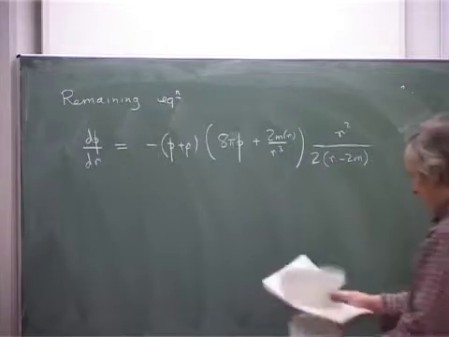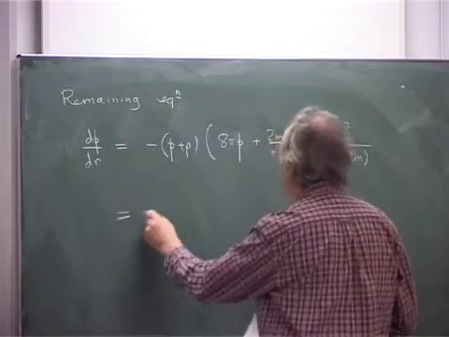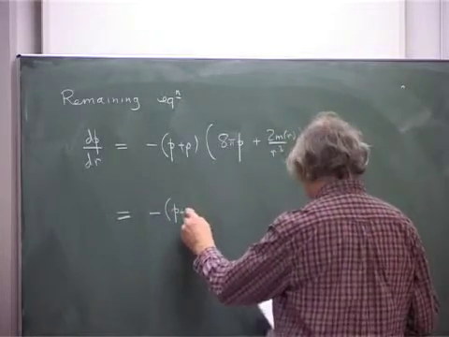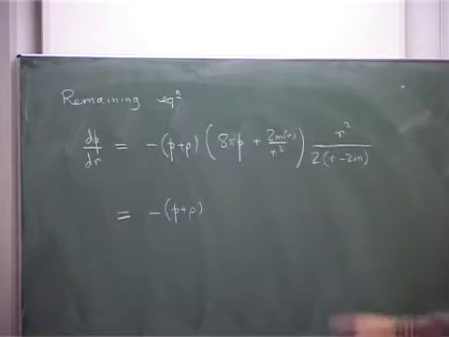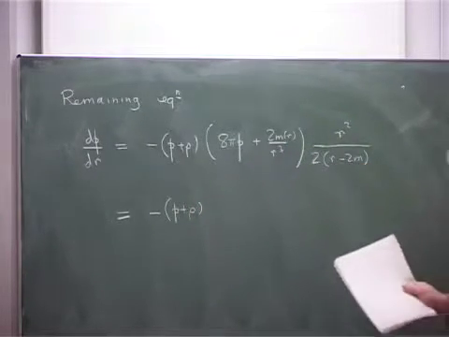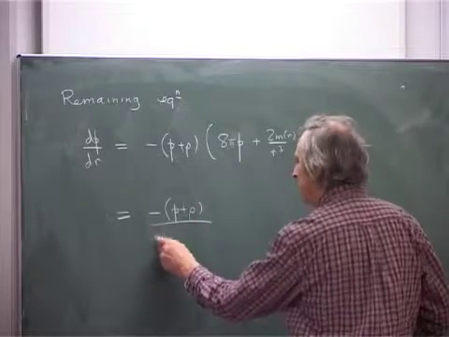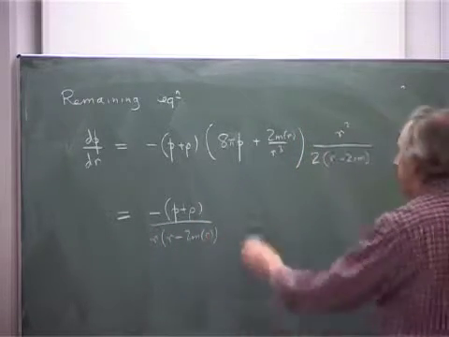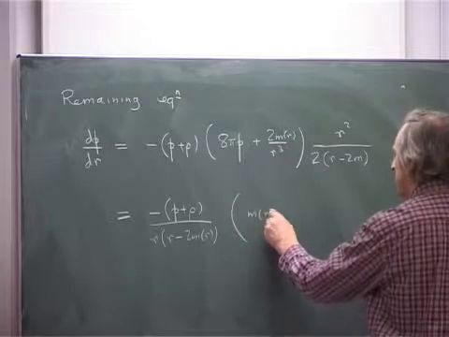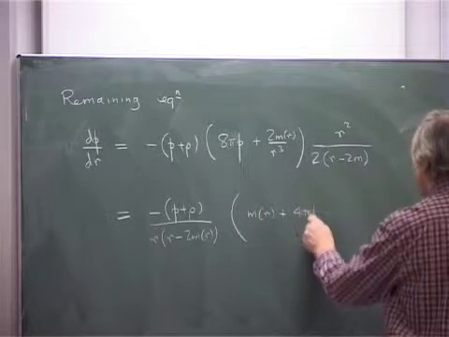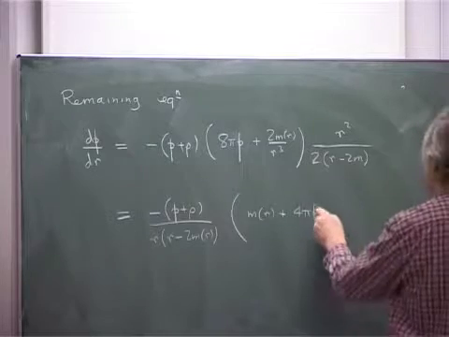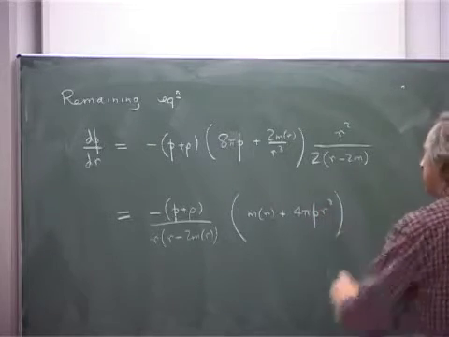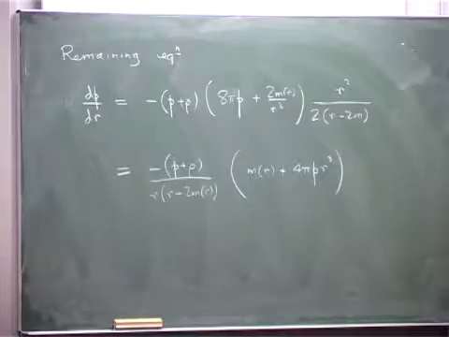And if you like, you can rewrite this in a slightly more benign form, minus p plus rho, using the mass function equation, over r into r minus 2m, which is still a function of r, remember, into m of r plus 4 pi p r cubed. That is as good as you will get.